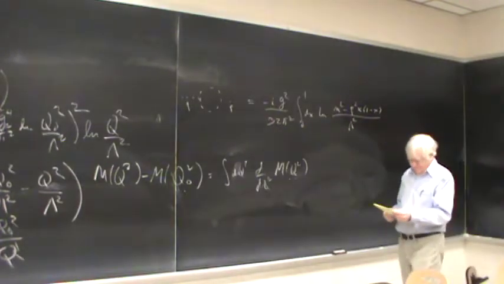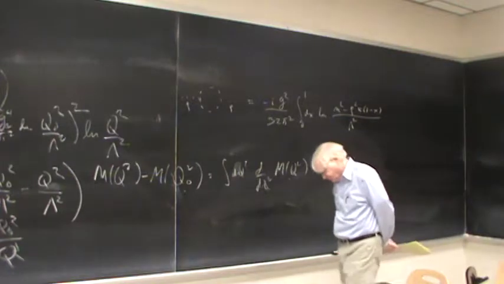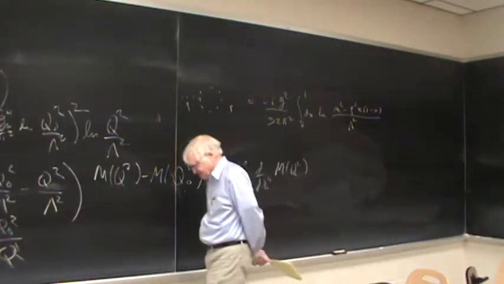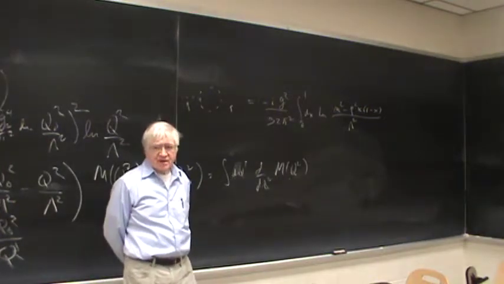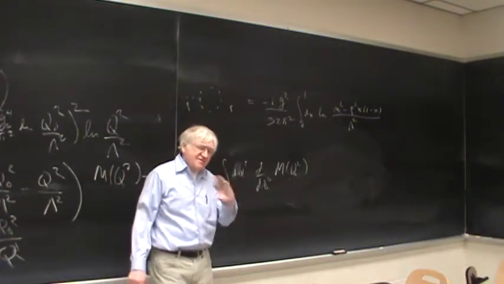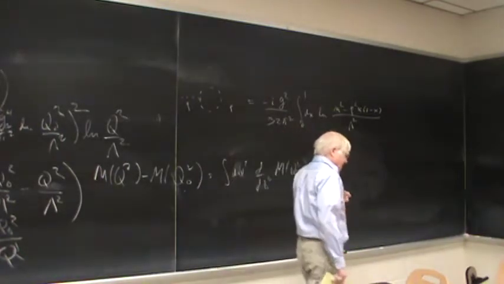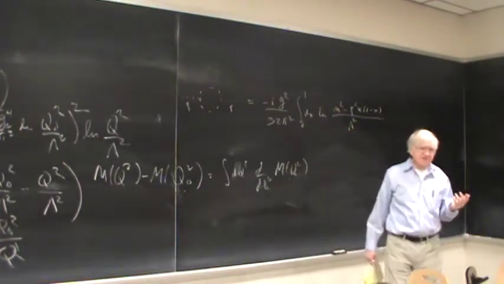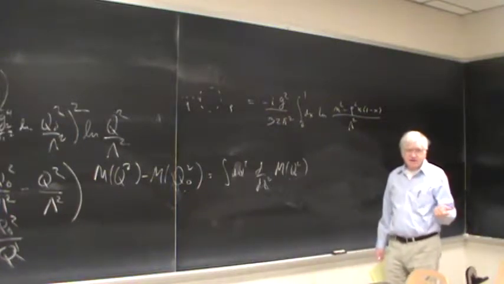Scalar QED is, I don't know, Schwartz thinks of it as simpler. I think of it as more complicated, because you have a more complicated action, you have worse divergences than in spinor QED.